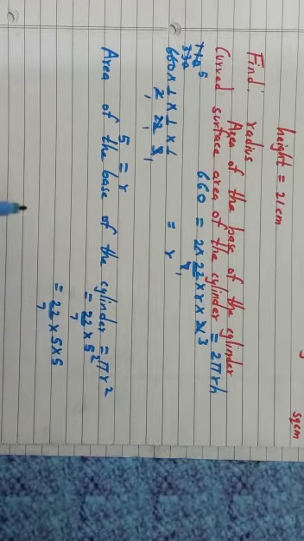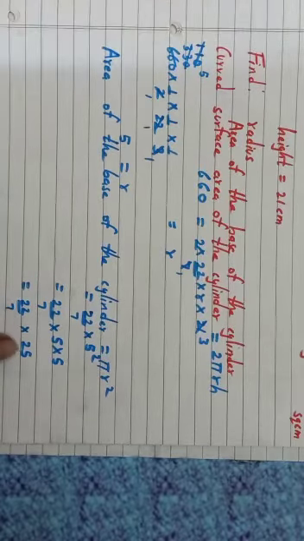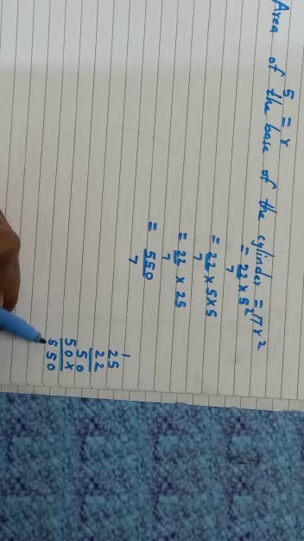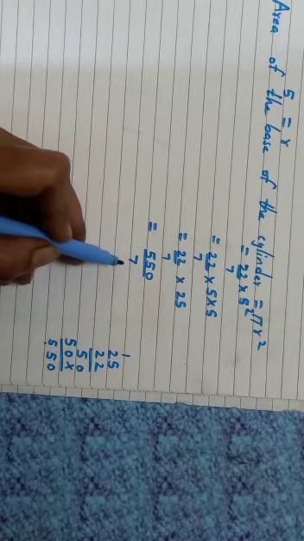Now you have to do this calculation. 5 fives are 25. So 22 upon 7 into 25, and 22 into 25 gives the answer 550. So 550 upon 7.